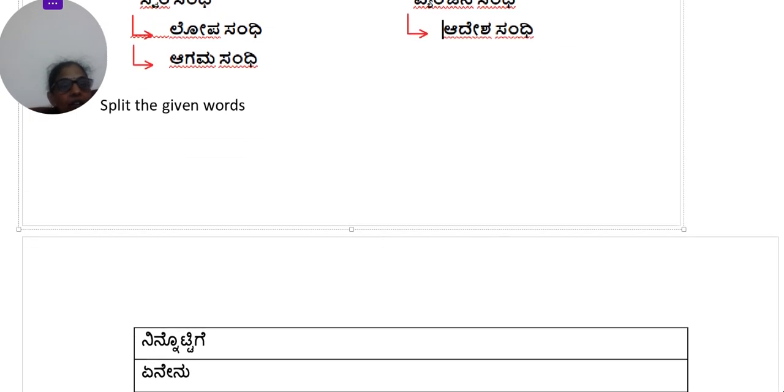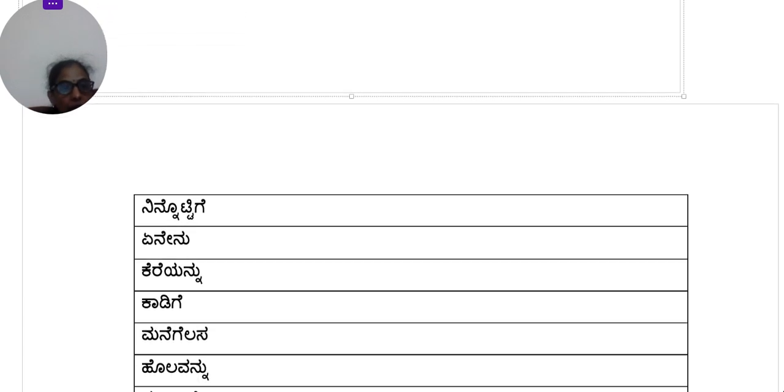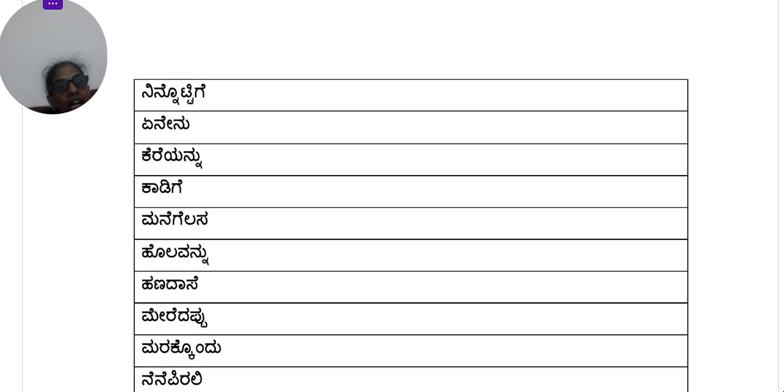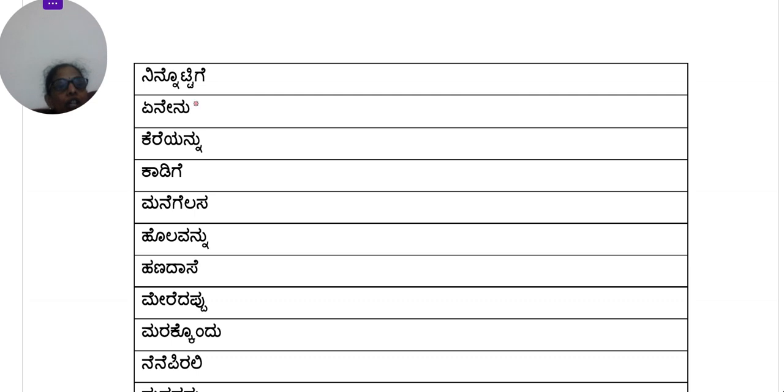Now we have a little activity here to do. I will just do a few of them. So, Ninnottige. How will you split this? We will split it as Ninna plus Ottige. So what happened here? Ninna, the a is lost. So this is a Lopa Sandhi.